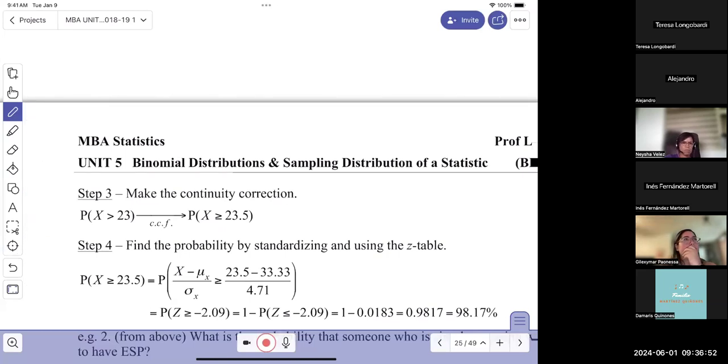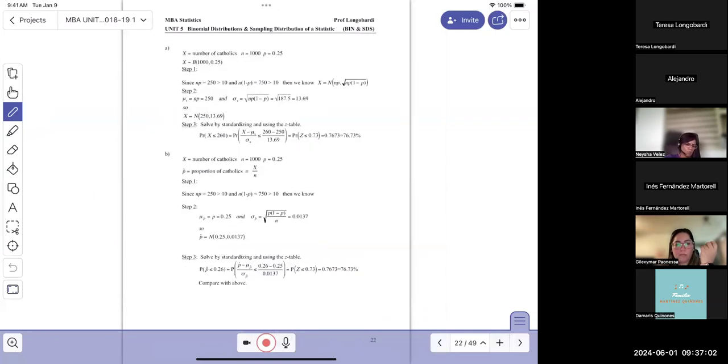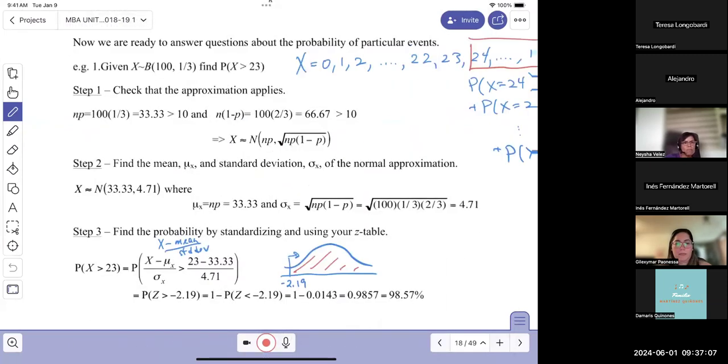So you're going to compare this with what we had before. What was the number before? Let's go back. It was a long time before. 98.57.